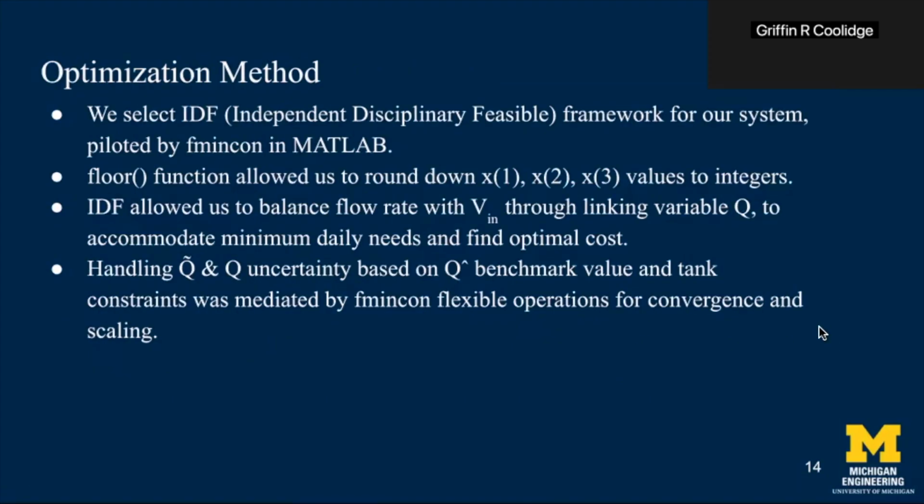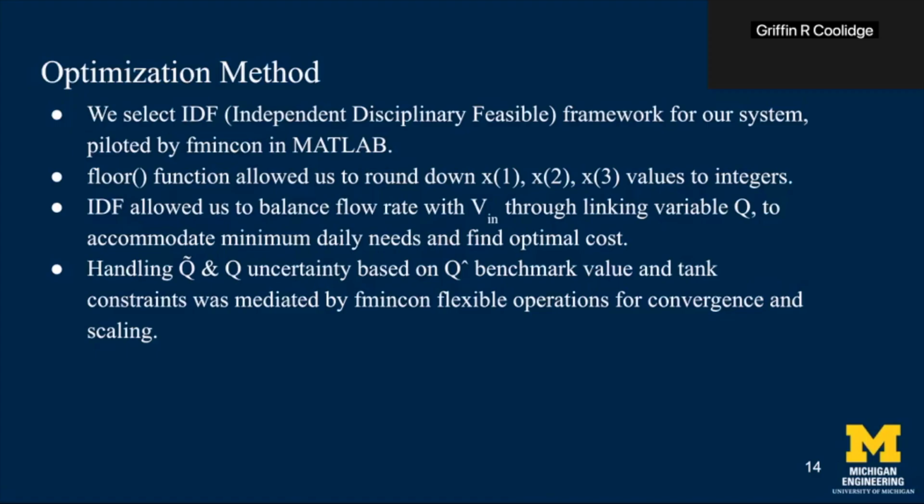We chose IDF with fmincon because our problem is continuous, nonlinear, and well characterized by physics-based equations. This made gradient-based optimization appropriate. The for function inside our objective handles discrete components that require integer values, so this is also helpful to attaining our result.